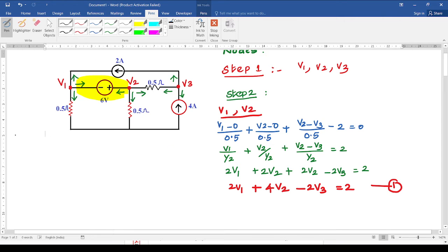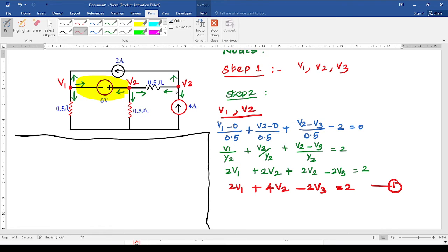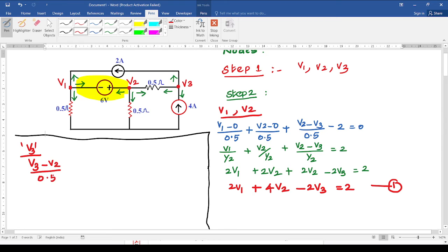And next, I am going to consider node V3 and write the equation with respect to node V3. At V3, three elements are connected. The first element: V3 minus V2 divided by 0.5. So V3 minus V2 by 0.5. Then see the current. The assumed current is in the downward direction. The actual current is in the upward direction.